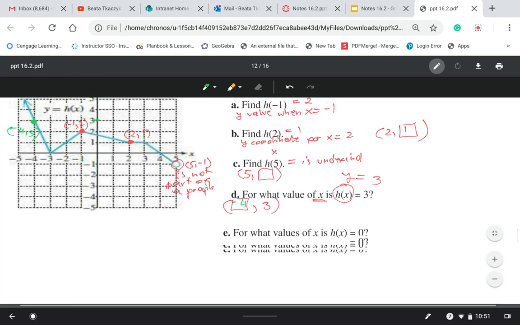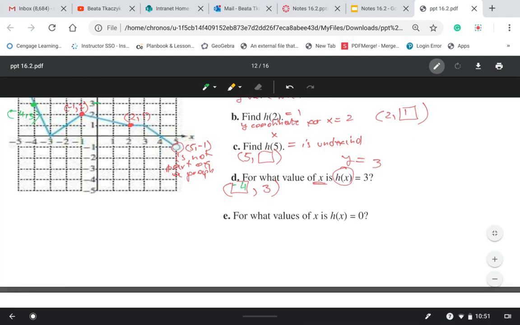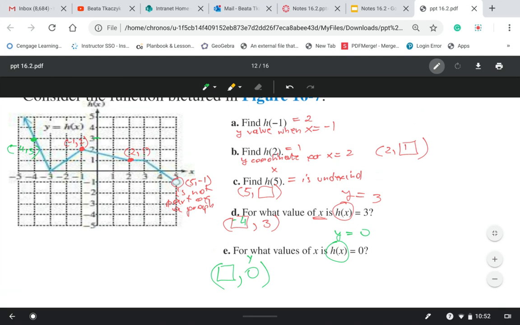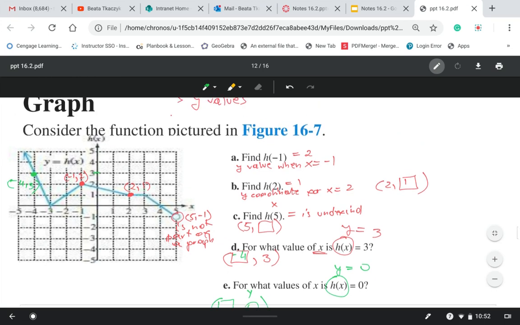And for part E, for what values of x, h of x, which is y, is equal 0. So here we have to find the x coordinate for which y value is equal 0. So y value equals 0. So go back to your graph. This is y-axis right here. H of x means y-axis.